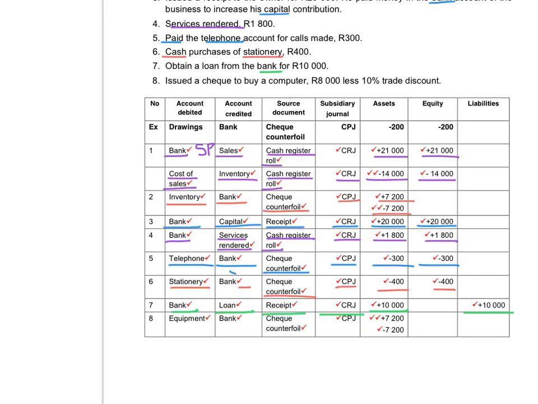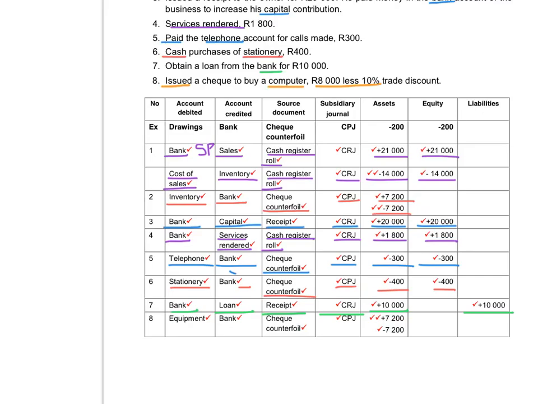Issued a check to buy a computer, less 10% trade discount. We subtract the trade discount immediately. 10% is 800 Rand. So this computer is actually costing us 7,200. Money was taken out of the bank, and in exchange for the money, a computer was received.